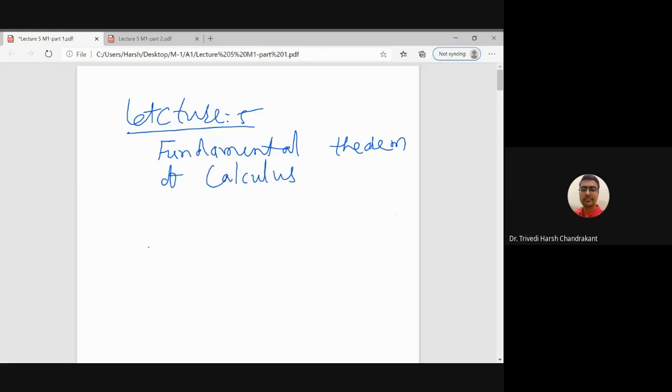So there are basically two versions of the fundamental theorem: the first type and the second type. Let us first state the first fundamental theorem.